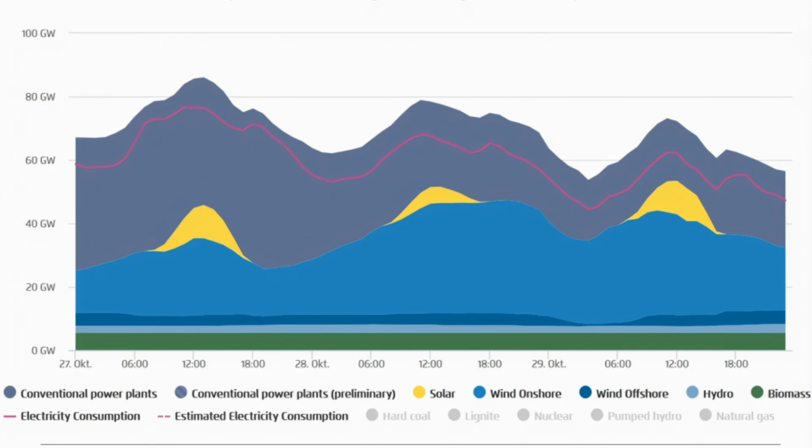The remaining power supply besides wind, solar and hydro isn't yet very flexible, and so you see here considerable overproduction. The gray area shows the actual power production, and this red or rose line shows the actual need. So the production has very much exceeded the actual consumption here.